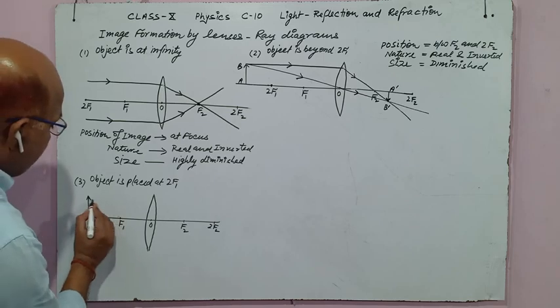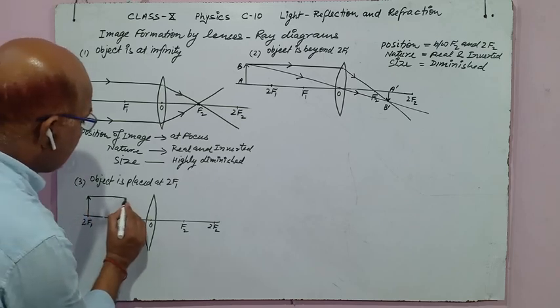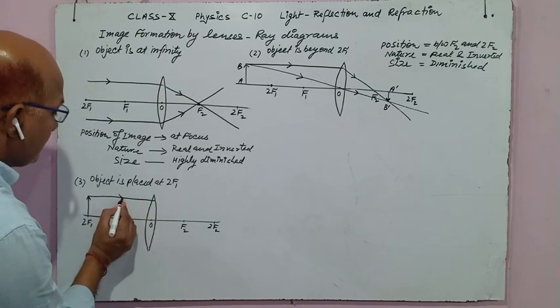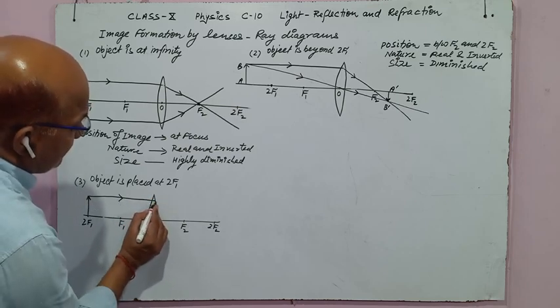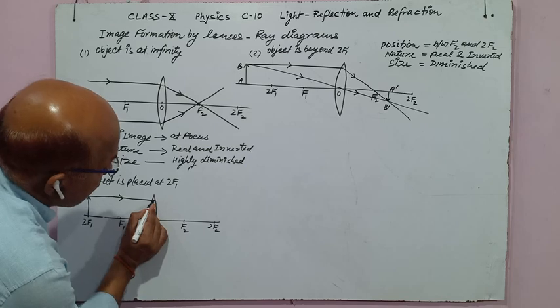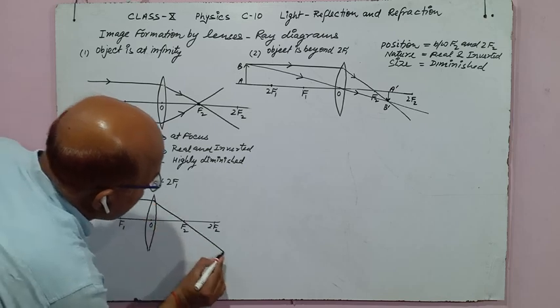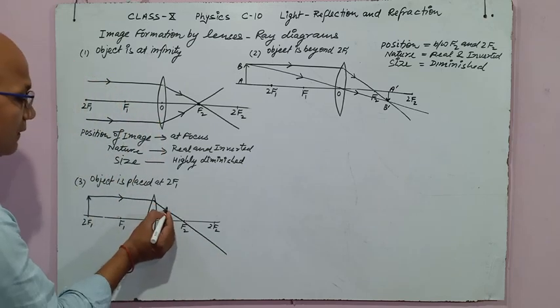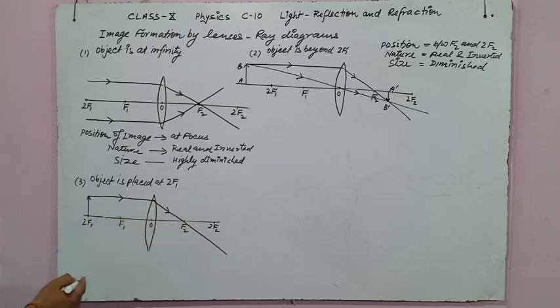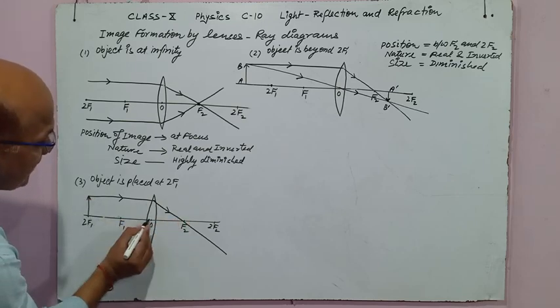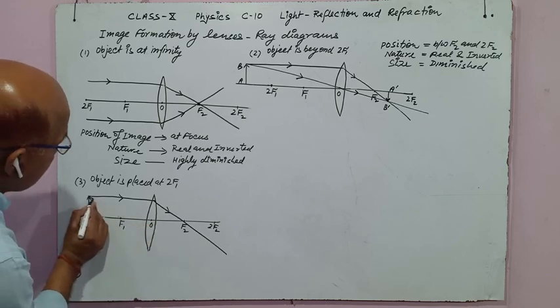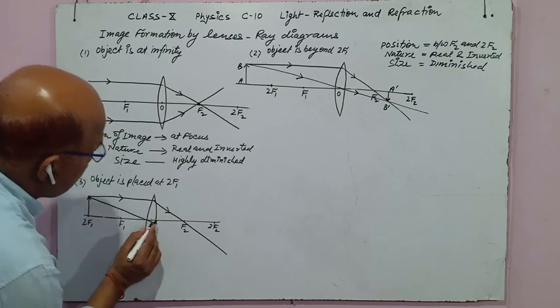So draw one ray parallel to the principal axis. It is parallel, and after passing through the lens, it passes through the focus on the other side. And draw another ray which is passing through the optical center, like this.